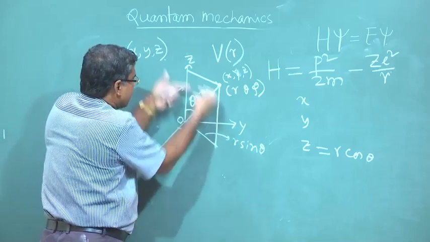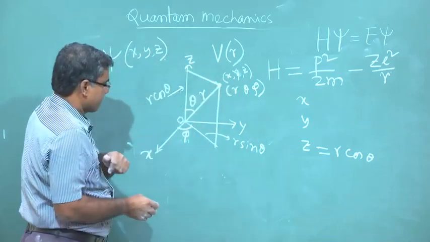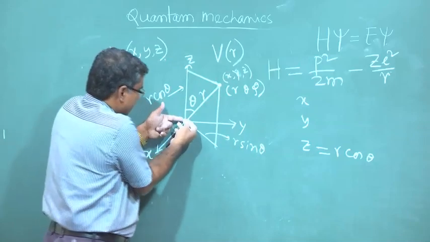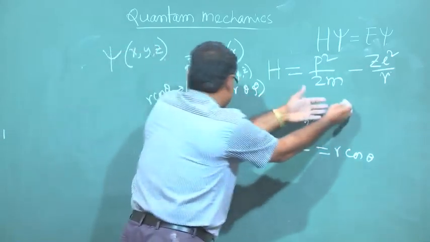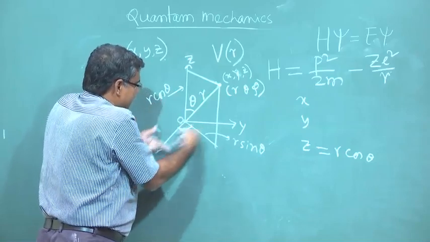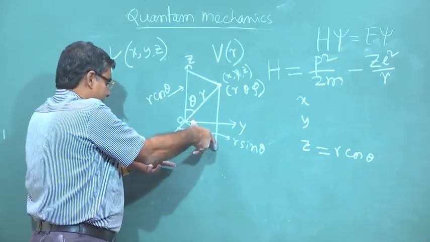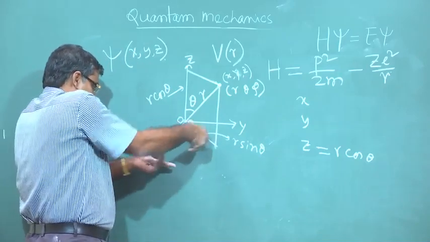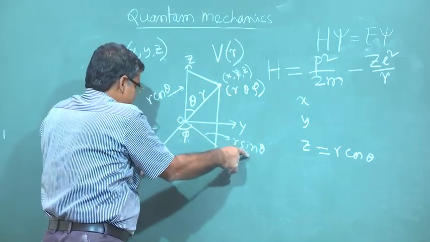So this is r sin theta. Now, as in 2 dimensions we saw r and phi, you can take r cos phi, where here r is r sin theta.